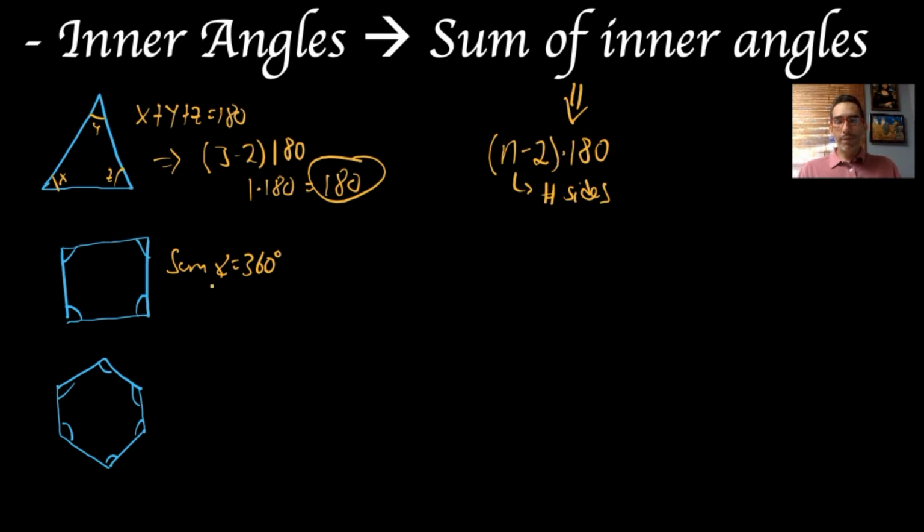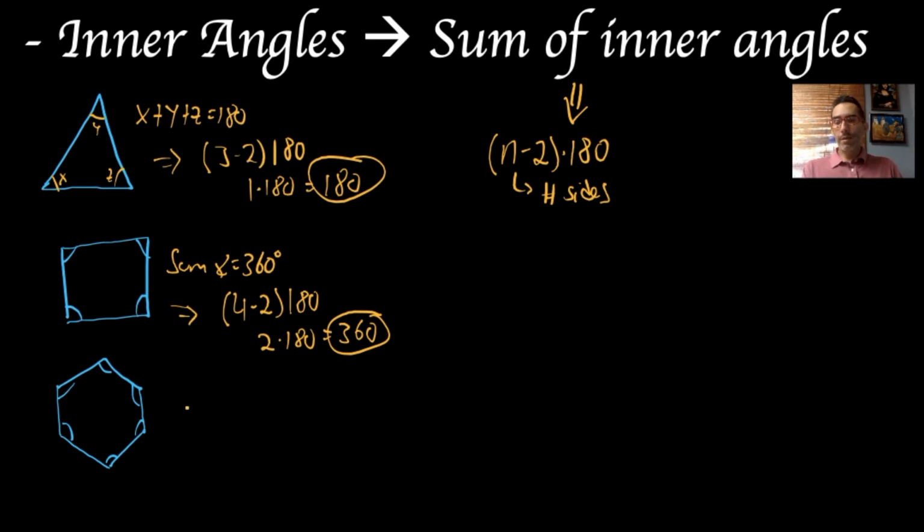What about, well, not necessarily a square, a quadrilateral for that matter, okay? It is a quadrilateral, any figure with 4 sides. n minus 2, in this case, n is the number of sides, which will be 4 minus 2 times 180. So 4 minus 2 is 2, times 180. We get this to be equal to 360. So we know that the sum of the inner angles in a quadrilateral, a figure with 4 sides, will be 360.